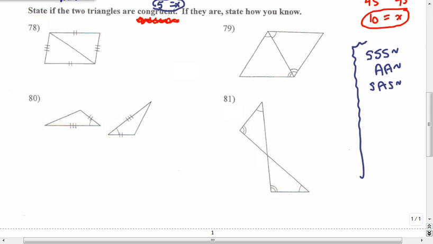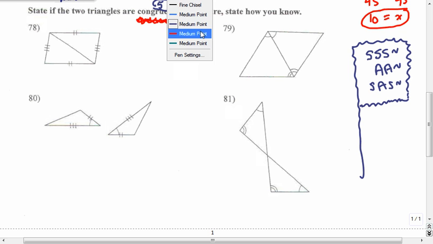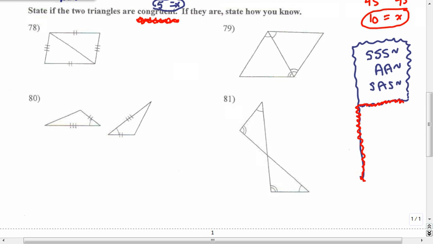So we need to figure out if we have enough information to determine if the sides are exactly the same. Now let's think through this. If we use side, side, side, what does the ratio have to be if they're exactly the same? 1 to 1. So can we use side, side, side to determine if they're congruent? Yes, we can.